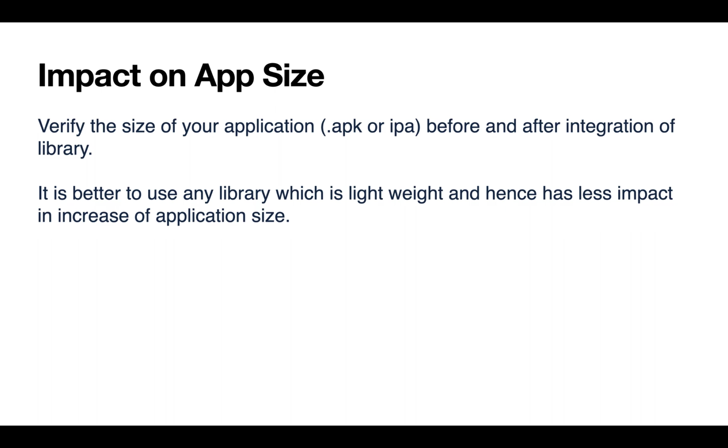If the application has a bigger APK size, then there will be lots of users who will not prefer to install the app. So it's better to verify the library which is lightweight and fulfills our requirement, hence which has less impact on increase of application size.